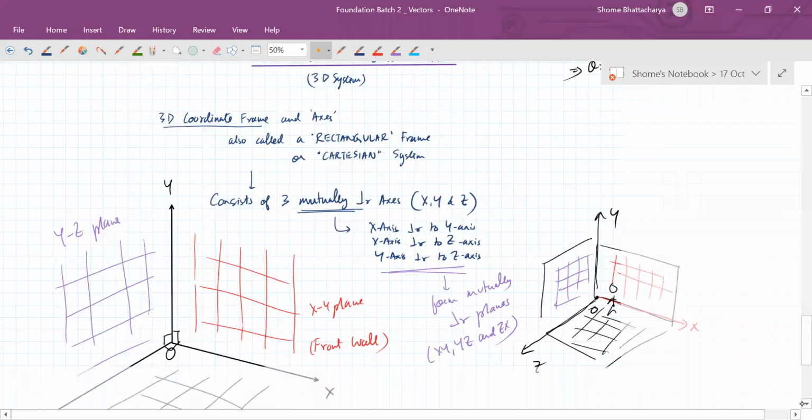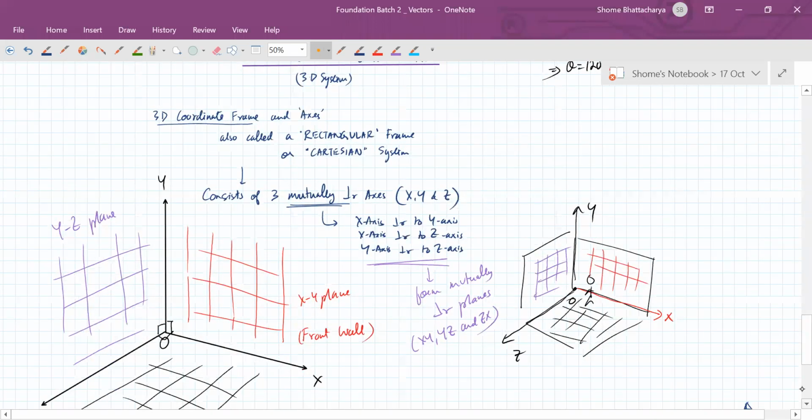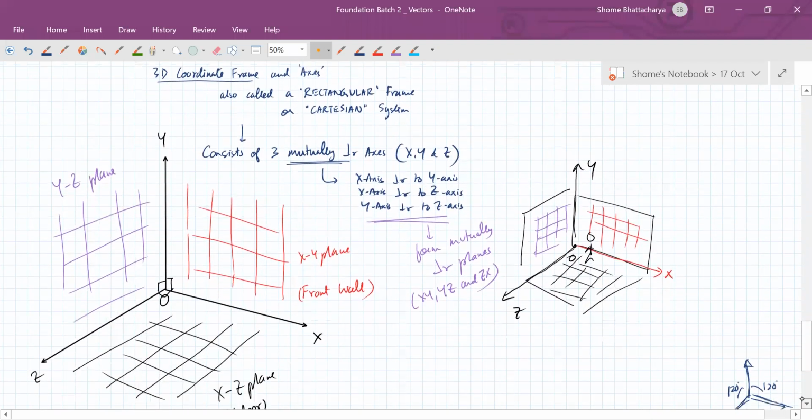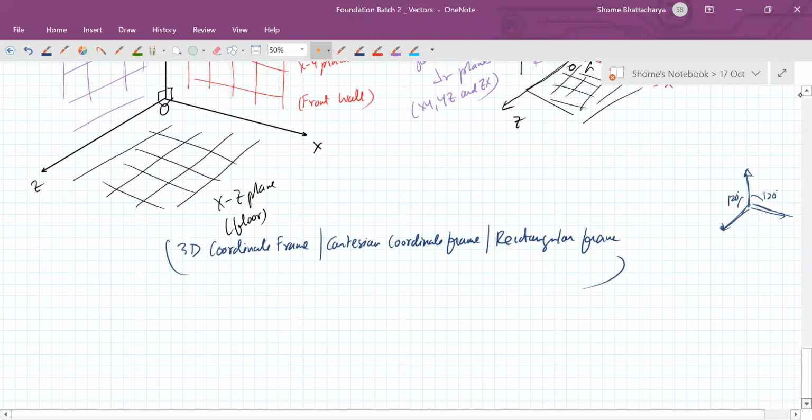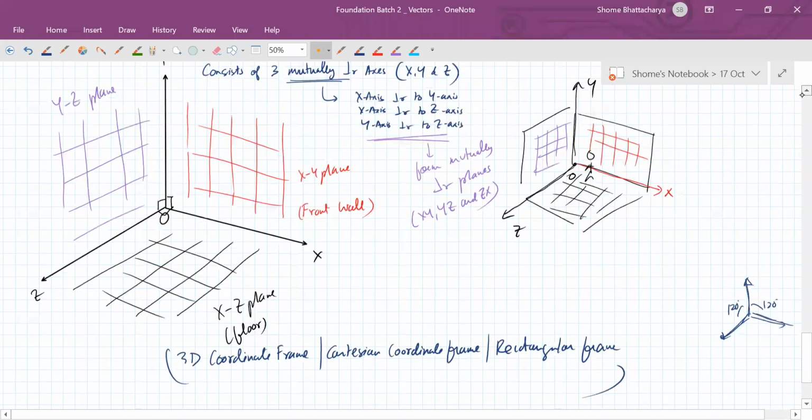Okay, so once we have understood how to draw our coordinate system, now I'll give you another way to visualize this coordinate frame. Okay, write this down, no problem.